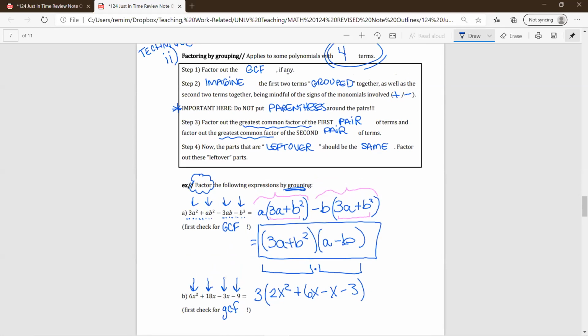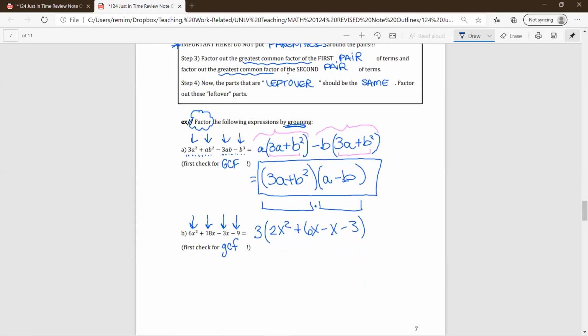Imagine the first 2 terms grouped together as well as the second 2 terms. So what I'm going to do with this 3, we're not going to worry about it the entire rest of the problem, but in every single line that you write down, you need to just keep writing that 3 out in front. You don't want to just write part of your work over here and leave part of it behind.